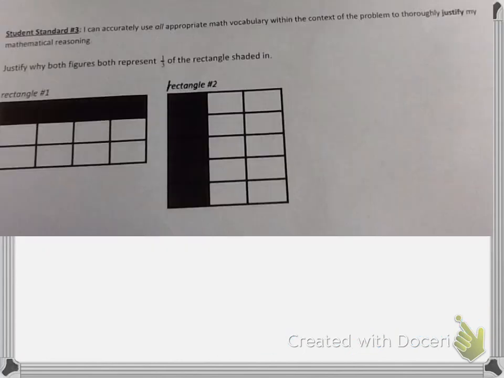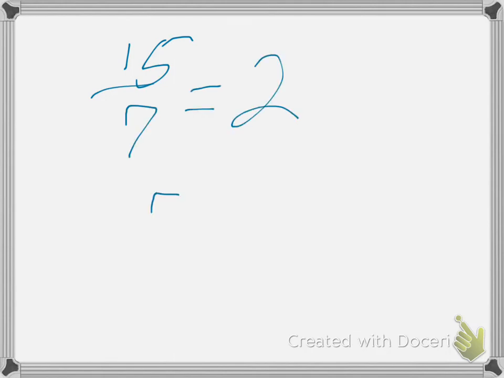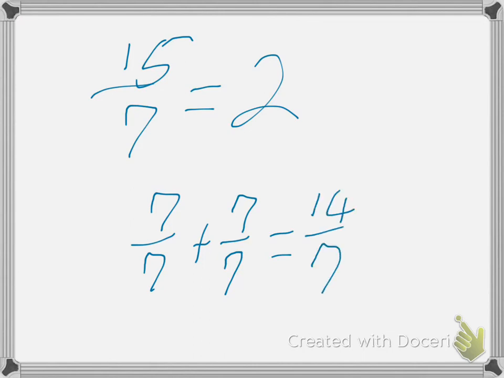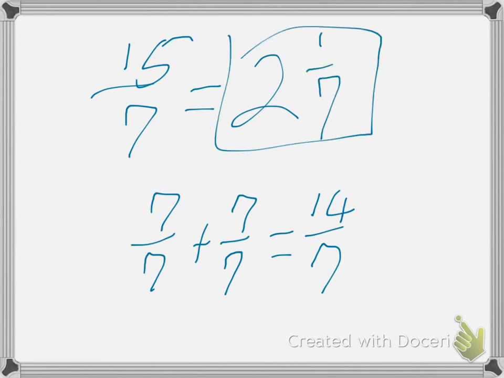I'm going to make a new page. 15/7 would equal 2 wholes, because 7/7 plus 7/7 is 14/7. And then you have one more left, so that's going to be 2 and 1/7. And that was your quotient. So 2 and 1/7. Right?